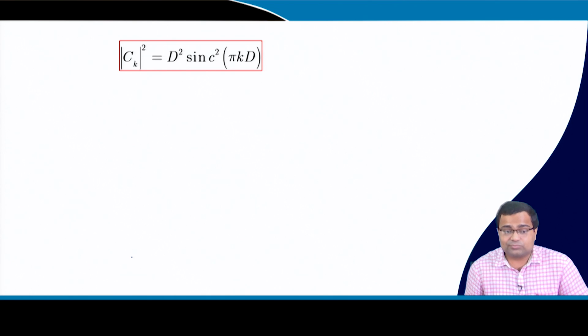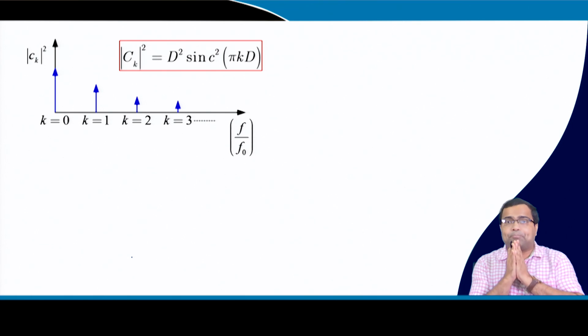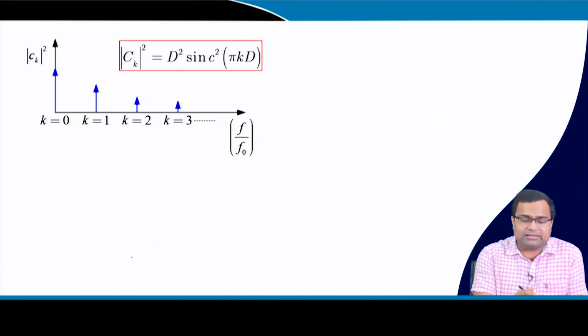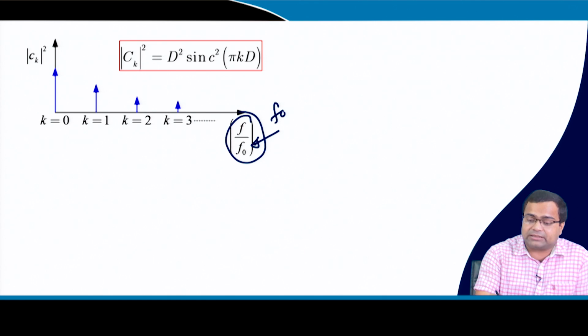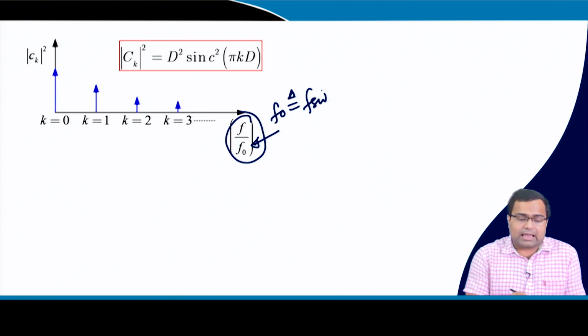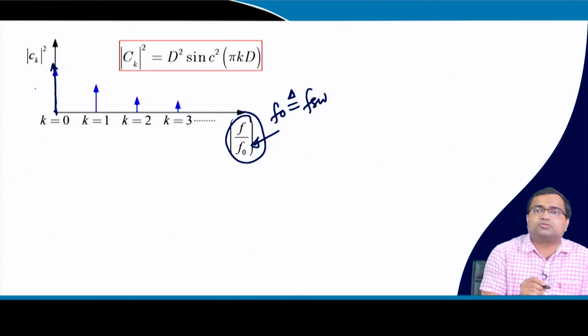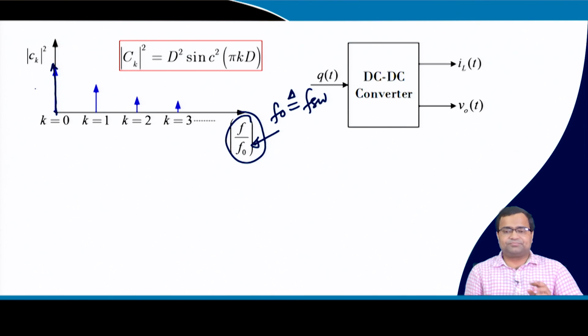Next, this power spectral density tells us what the power content is at different harmonics, that means at k equal to 0. So, this is f by f0, where f0 is our fundamental component, which is nothing but our switching frequency in this case, and the 0 component is the DC component, that means this corresponds to our duty ratio D, and the corresponding power.